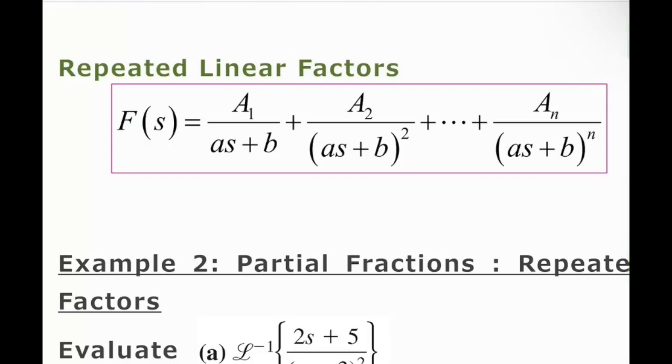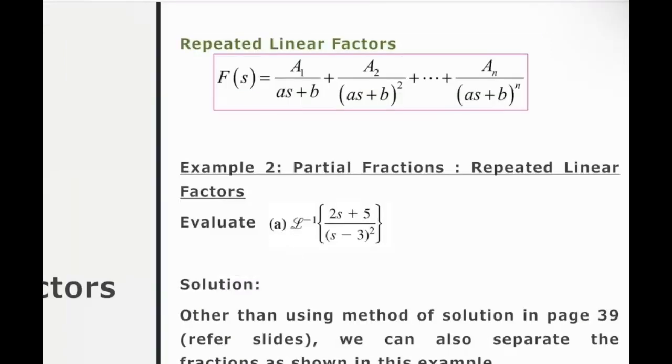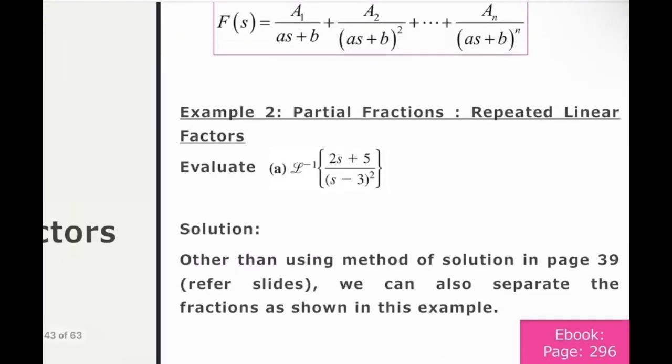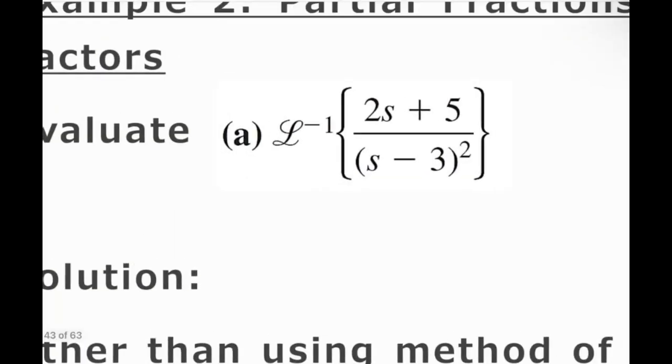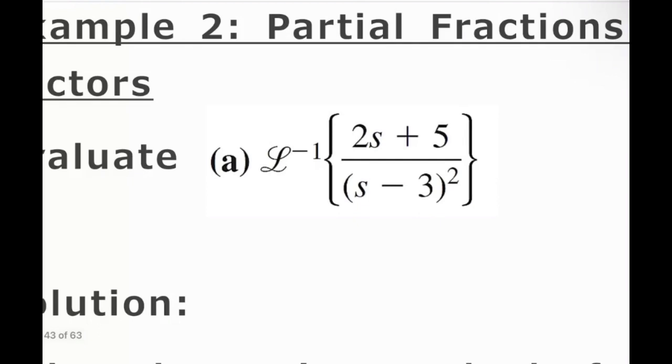So how to do this one? For example, we look at example number 2. Find the inverse Laplace of 2s plus 5 over s minus 3 squared. So this is a repeated factor. You may write this one as we already did just now: 2s plus 5 over s minus 3 squared.